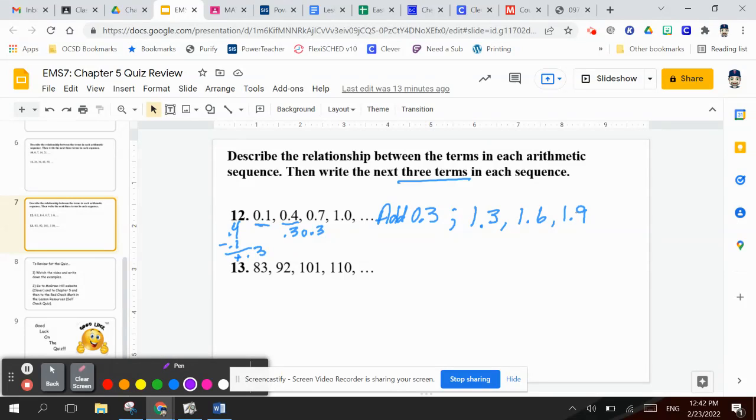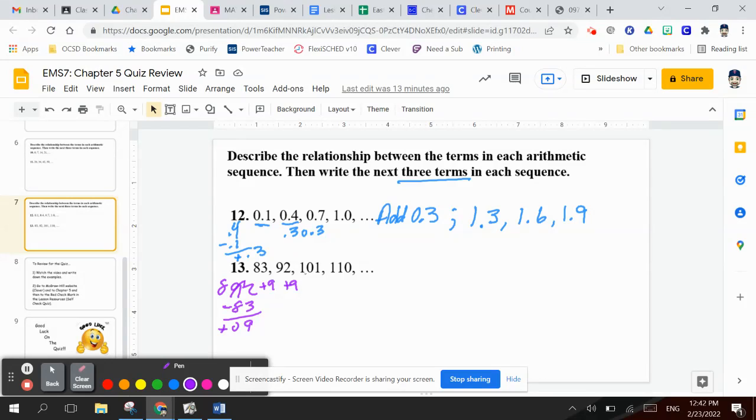Same thing with number 13. Take the first two numbers, 92, and subtract that from 83. Regroup. 12 minus 3 is 9. 8 minus 8 is 0. My numbers are getting larger, so I'm adding 9. Is 92 plus 9 101?